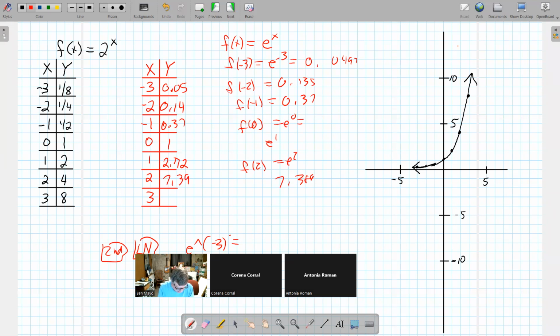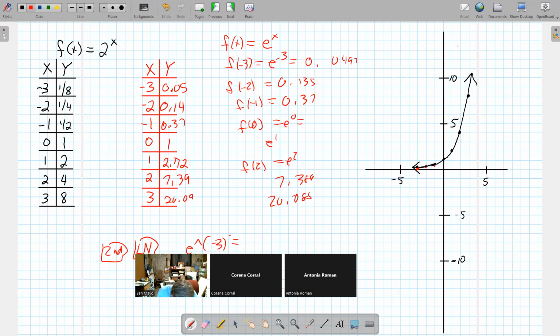And then e to the 3rd power is 20.085 or 20.09. So I kind of rounded those to the nearest 100th. Again, I'm not going to be able to graph it that accurately anyway, but I just want you to see what it would look like. So at -3, we're down here at 0.05, and then at -2, we're up to 0.14.